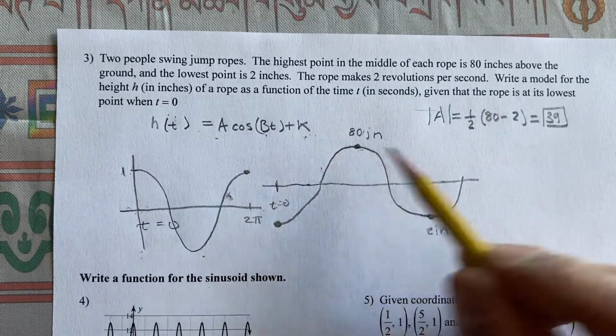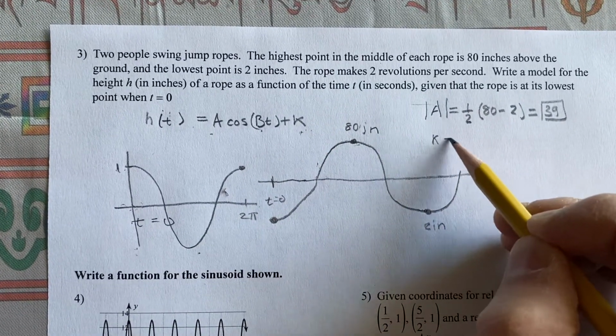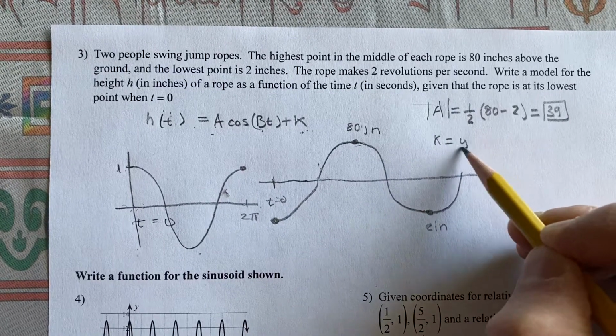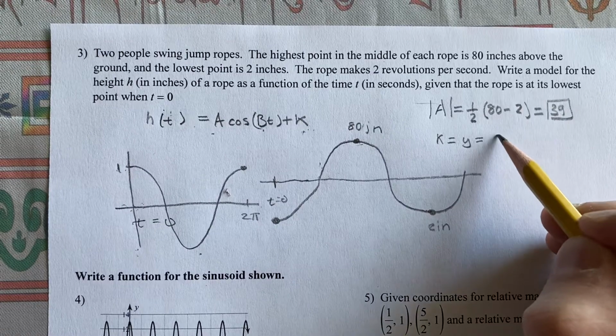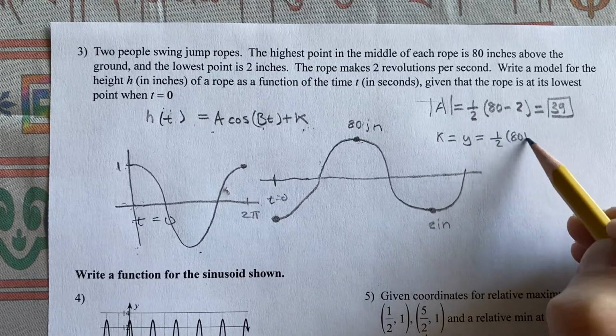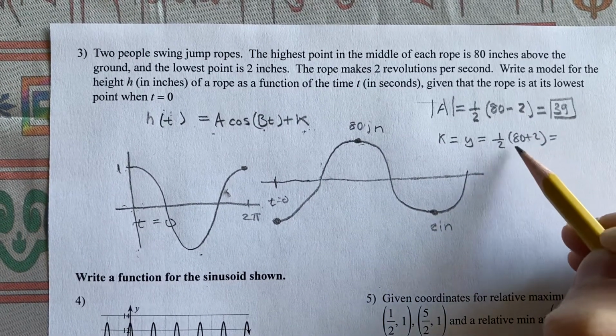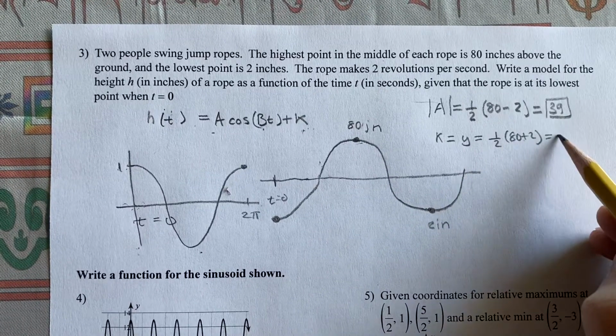You also need the midline. The midline, which is determined by the k value, is y equal to 1/2 of max plus min. So 80 plus 2, you're going to get 82 divided by 2, which is 41.